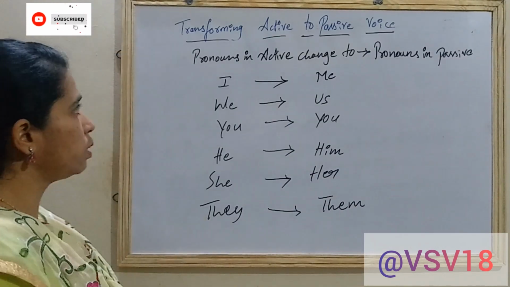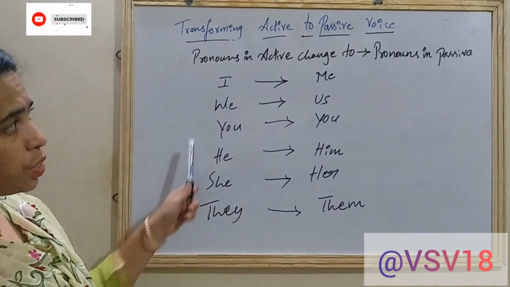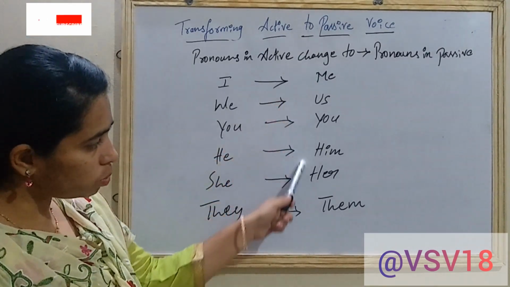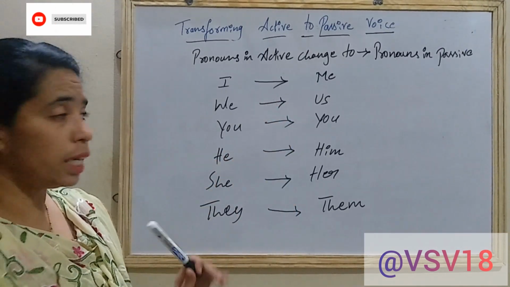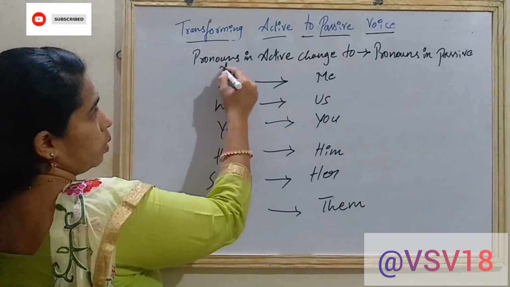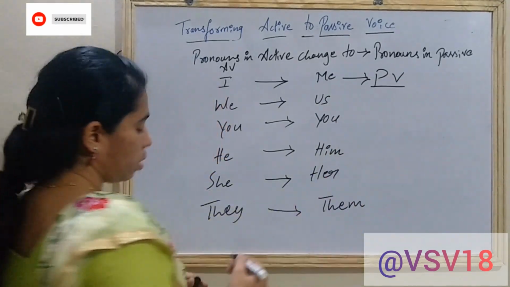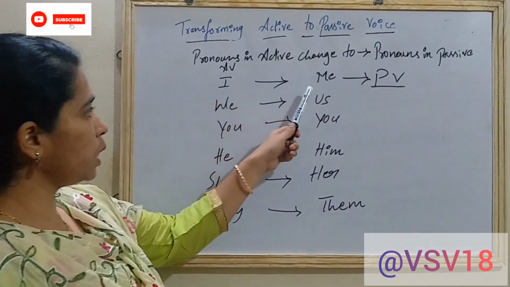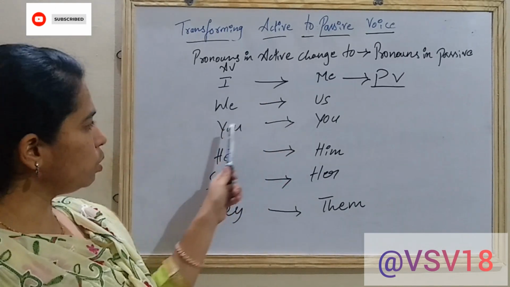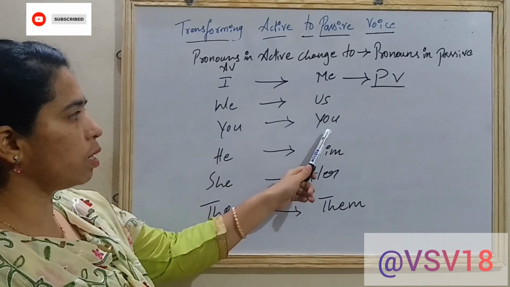So now let us see the pronouns which we use as subject will change into the pronouns which we use in object. It is vice versa also. This is active voice and this is passive voice. So I changes to me, we changes to us, you remains the same in both the cases, either in active or in passive.